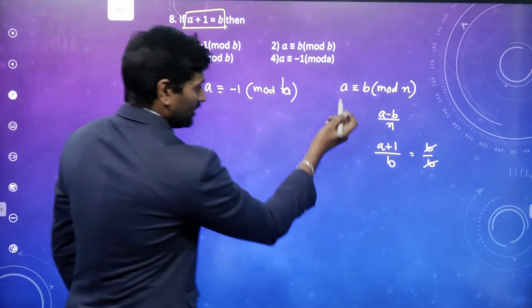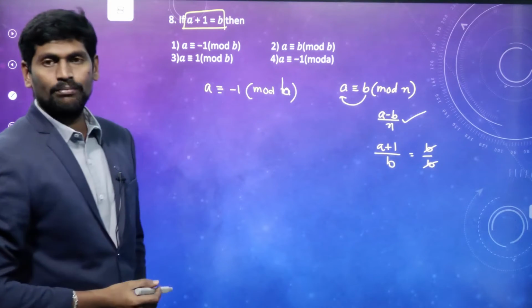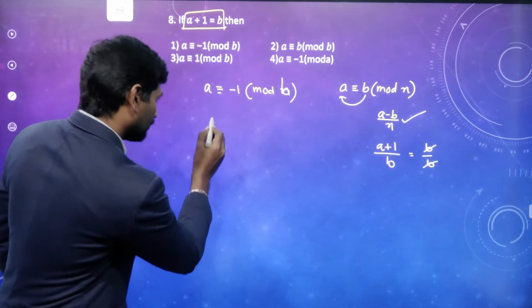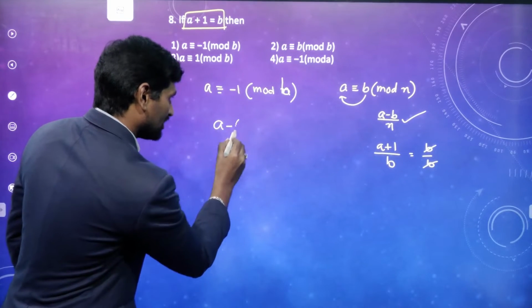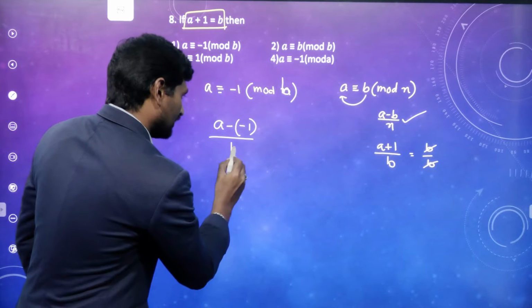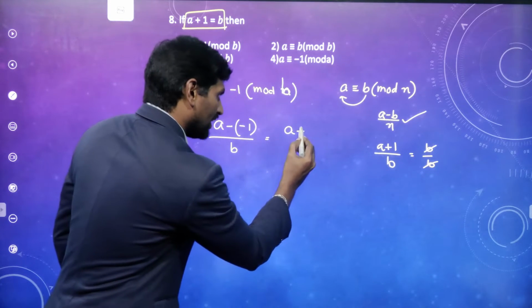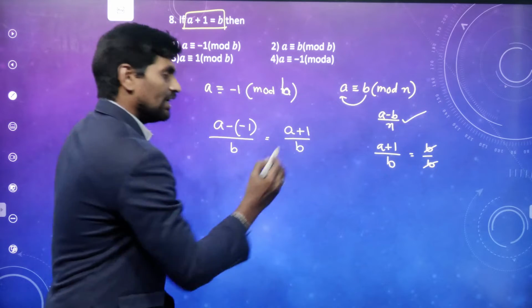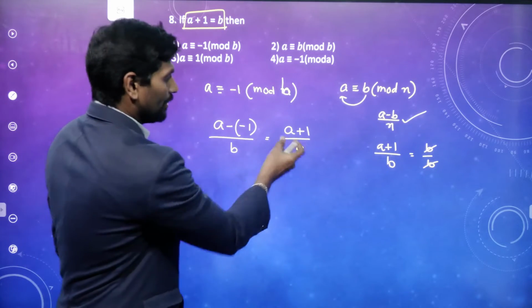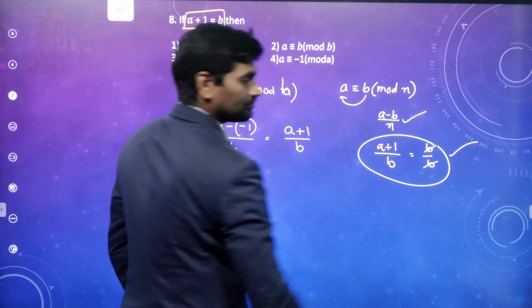Now according to this, a minus b is divisible by n. Here in the place of b we have minus 1, so a minus of minus 1 becomes a plus 1, divisible by b. This is what we have taken, right?